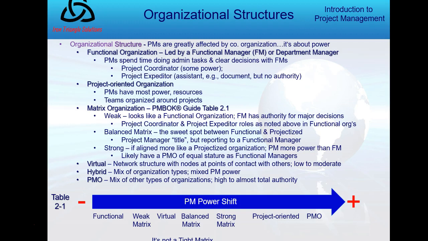You have no home. When the project's over, you don't have anywhere to go because you are in a projectized or project-oriented organization. And then a matrix organization is often referred to as two bosses. You have two bosses, your functional boss, your project boss.